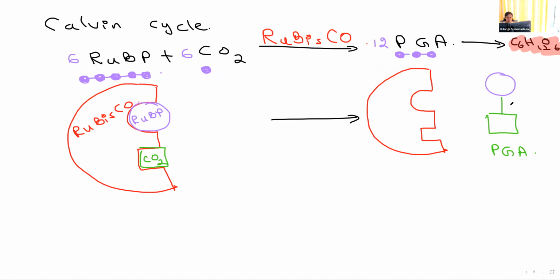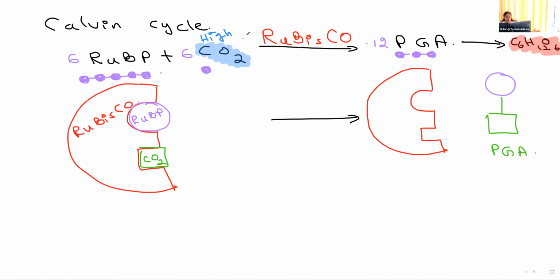But there is a problem. Rubisco will bind with atmospheric carbon dioxide only if the carbon dioxide concentration is really high. Right, so Rubisco is an enzyme.